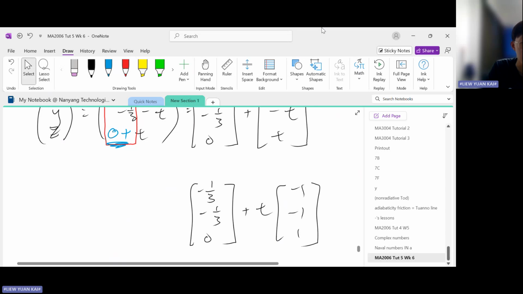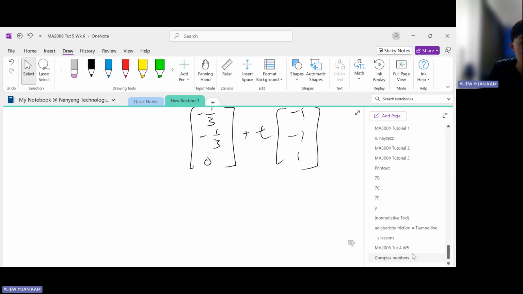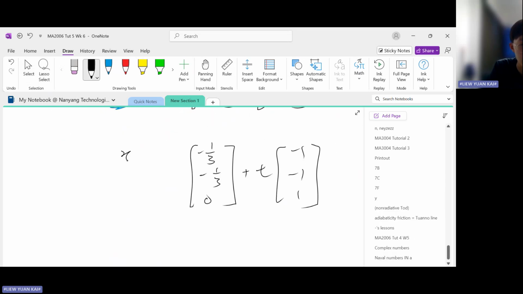Does this look familiar to you? Yes. In fact, this is the general form of a straight line equation, a straight line in parametric form.